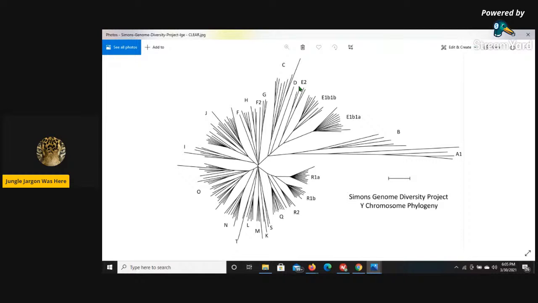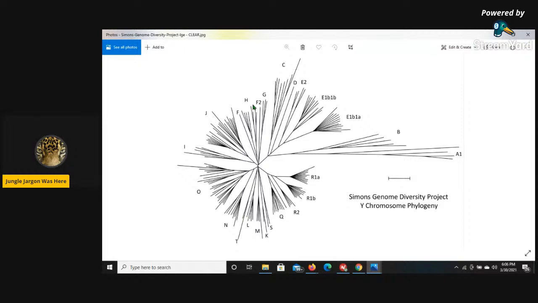So the E3s, which are not here, all had the same Y chromosome. Put, Mitzrayim, and Cush and Canaan all had the same Y chromosome. And then from Cush came Nimrod, which is C. From Cush came D. From Cush came the A and the B. And then there's the E1Bs. These are more closely related to the Egyptians, it seems, which are not even in this picture somehow.